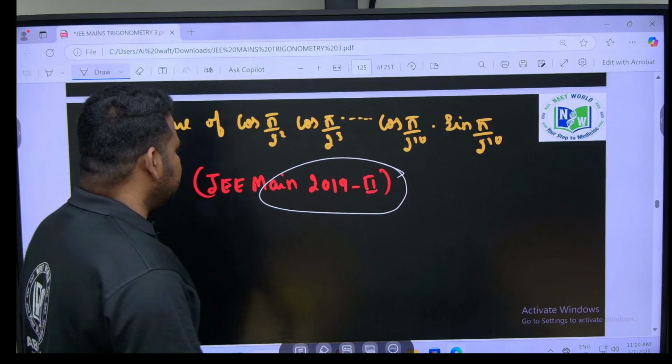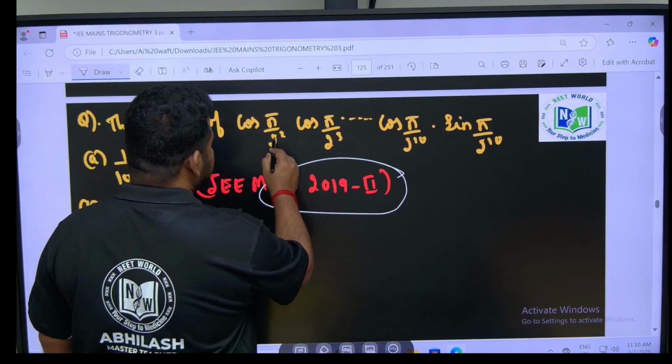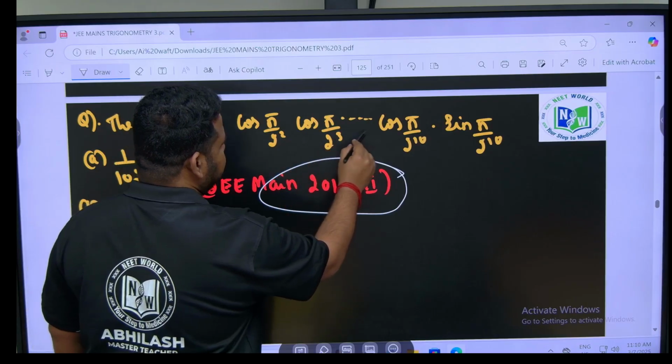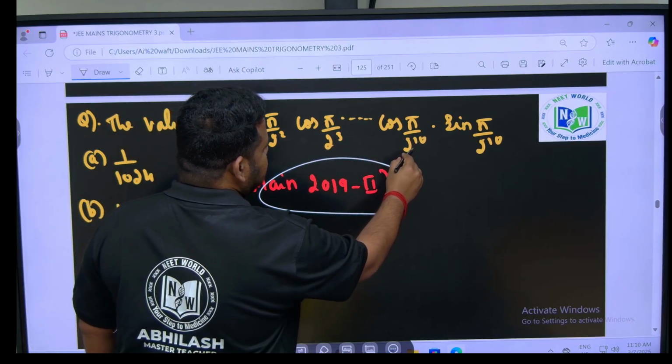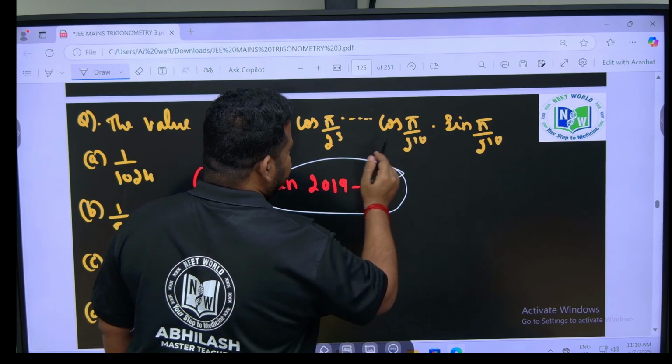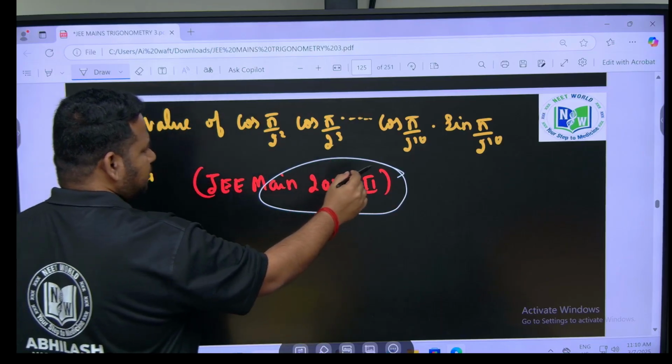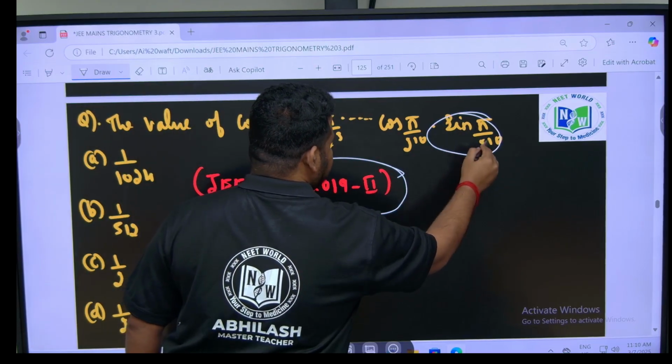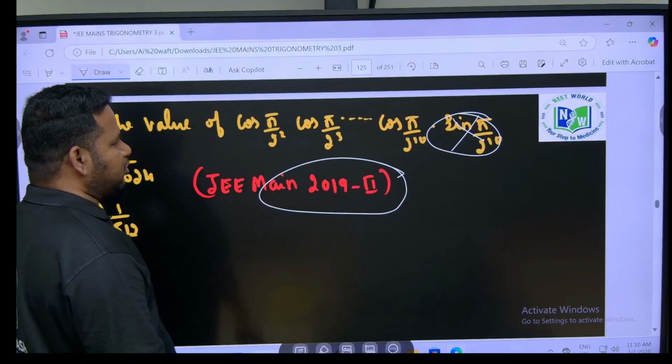Got it? So here we have cos pi by 2 square, pi by 2 cube up to cos pi by 2 to the power of 10. Okay, cos pi by 2 to the power of 10.